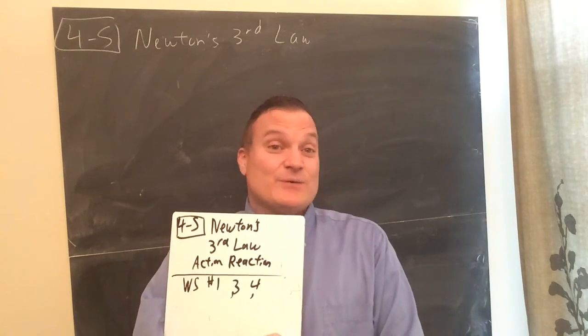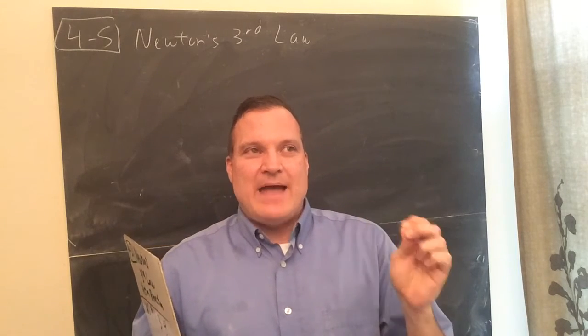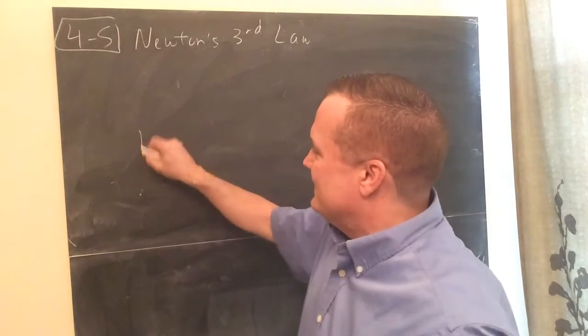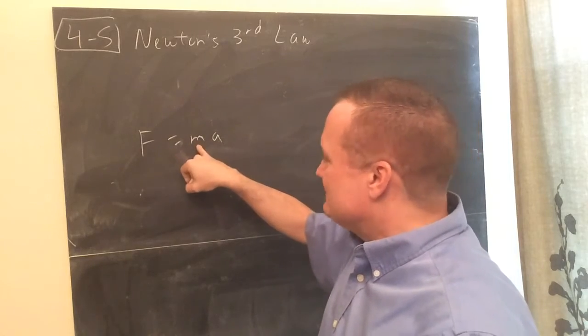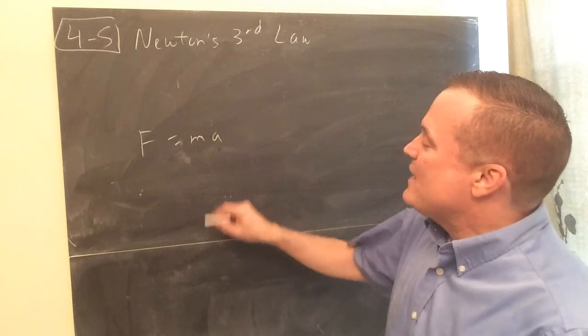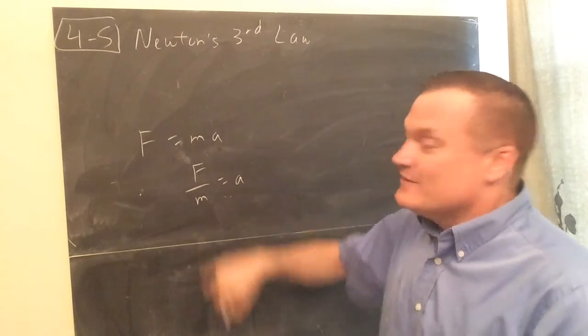Now, law number two says F equals ma. When a force is exerted on a mass, the mass will accelerate. It's important to know. Now, the amount of acceleration depends on the mass.